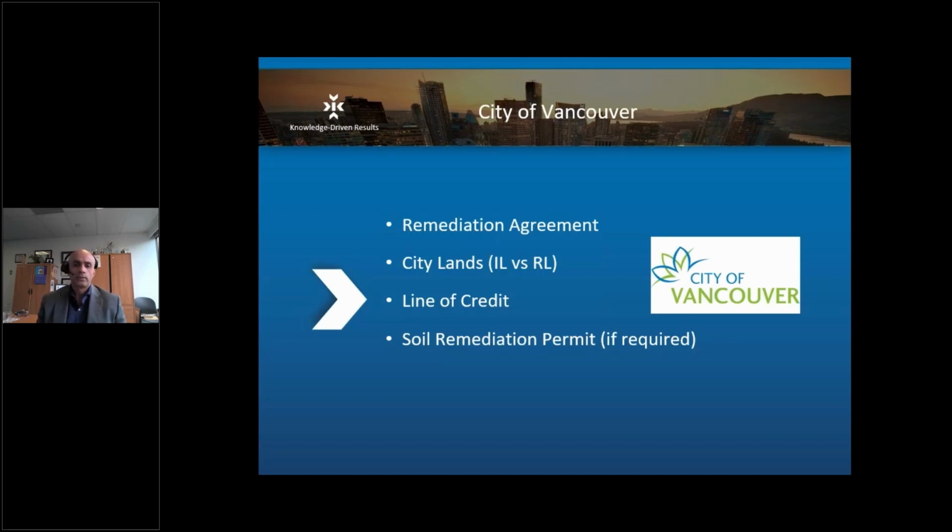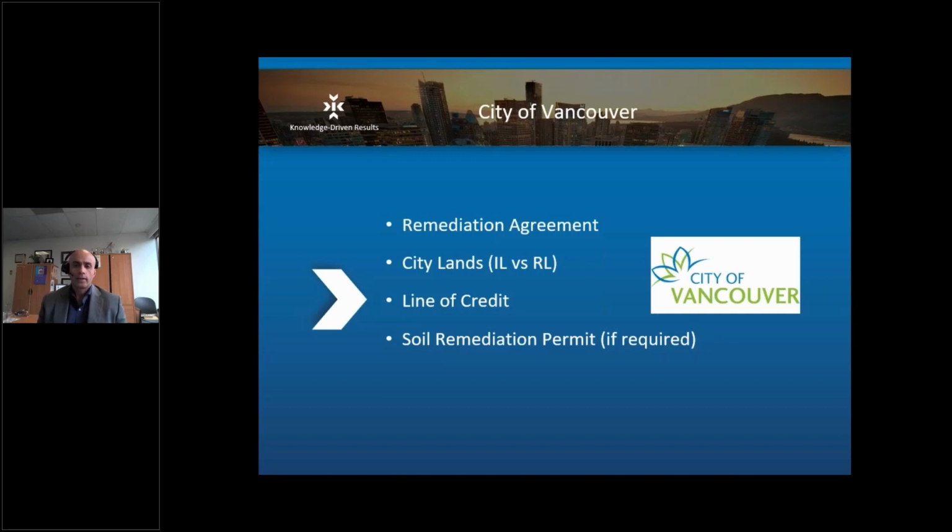The remediation agreement will also ask for a line of credit. It's an estimate provided by the consultant for the cost of the instrument. That estimate is multiplied by 1.5, then a 20% contingency is added on top. That's required in the event that the developer does not proceed with the development or leaves a contaminated site, and the City of Vancouver has to address the contamination at the property.